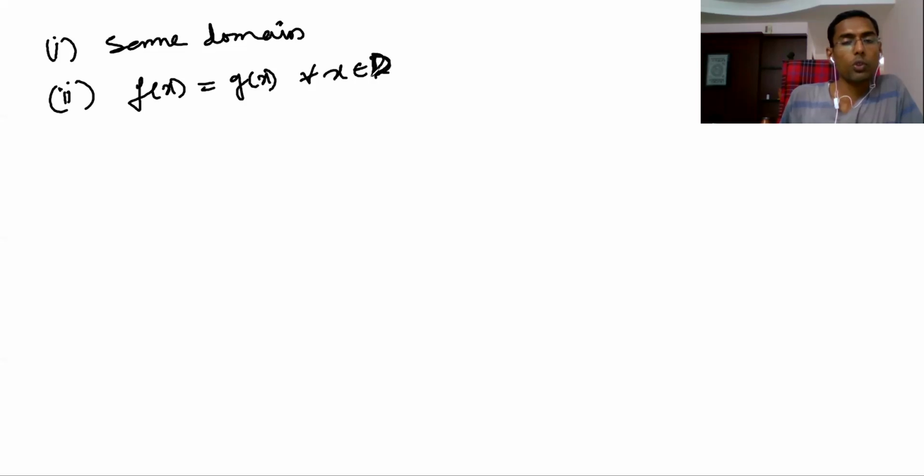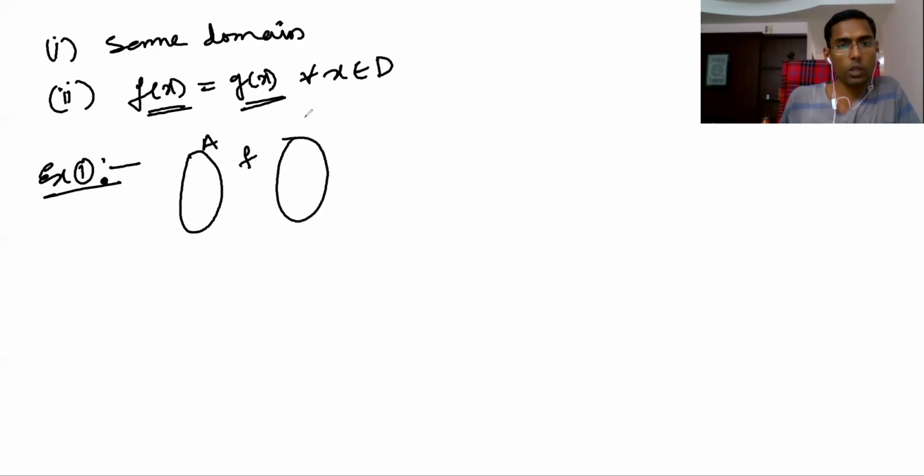So here, if you take some number in the domain, both should have the same image. So for example, equal functions. Example is now here.